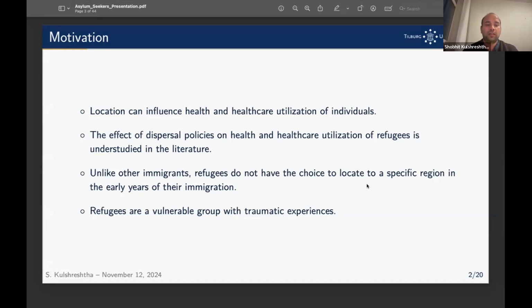Generally, they are allocated in such a way that there's a homogeneous distribution across different regions, so that not one location has to face all the consequences of the migrant population. And as I already mentioned, they are a vulnerable group. They have traumatic experiences from their migration journey. So it becomes even more interesting to understand the health implications of the location to which they are assigned.